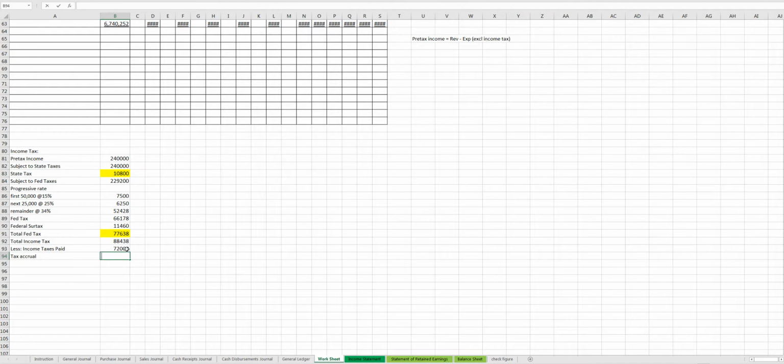So the additional income tax expense we're going to book is the difference between these two, or $16,438.